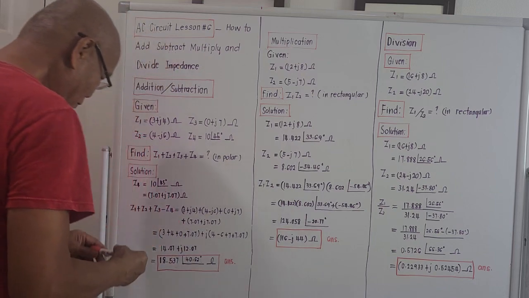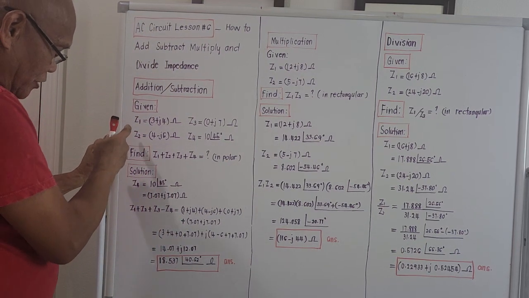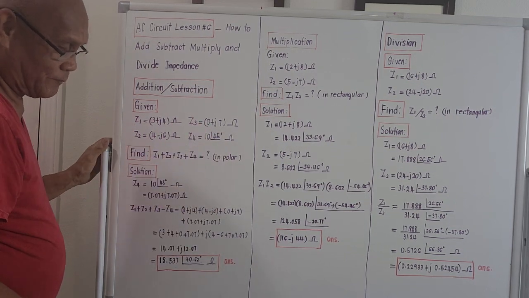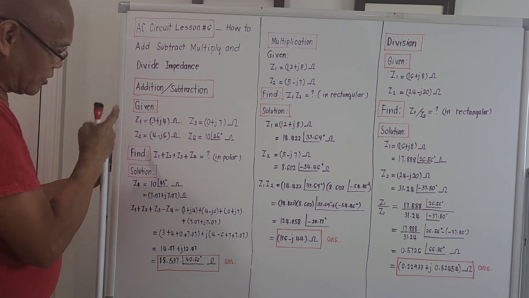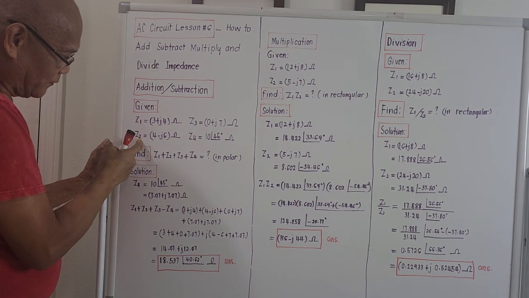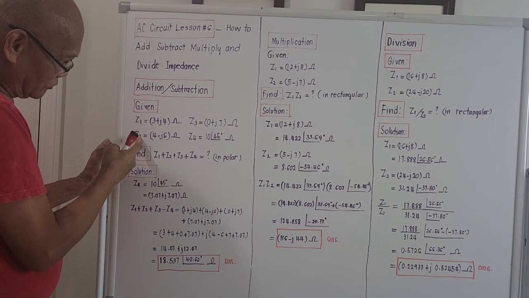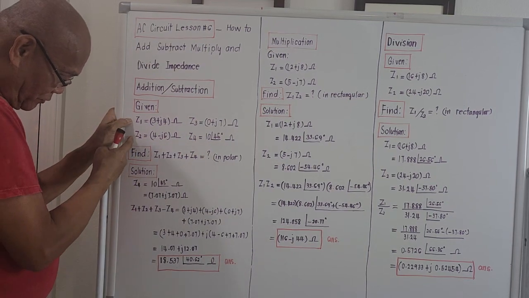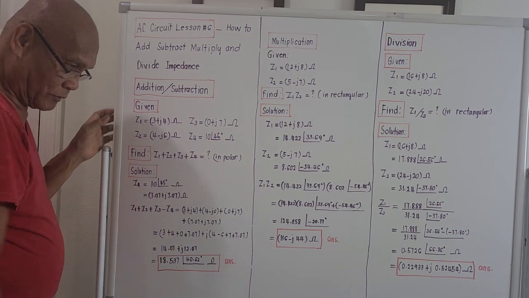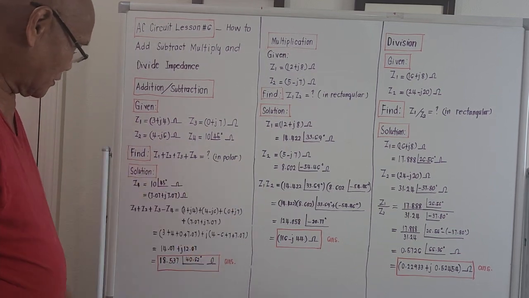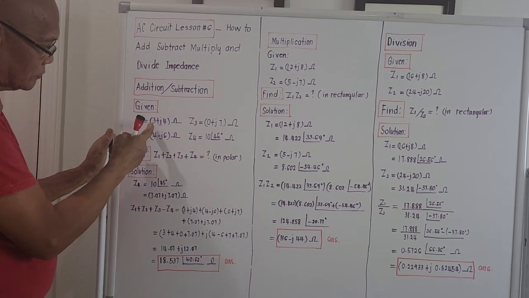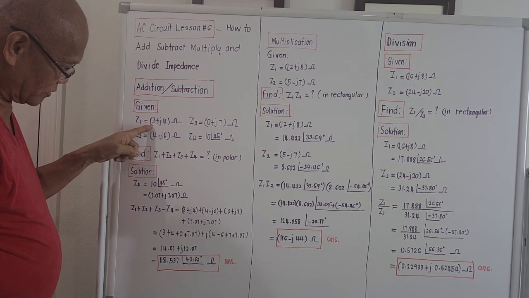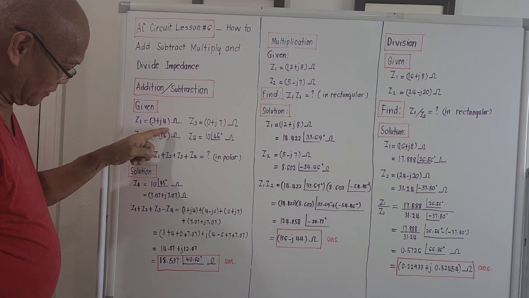I give an example. Impedance is designated by capital letter Z, so I will be placing Z here with subscripts 1, 2, 3, 4, meaning impedance number 1, number 2, number 3, and number 4. The given impedances are Z1 equal to 3 plus j4, a combination of resistance and inductive reactance.